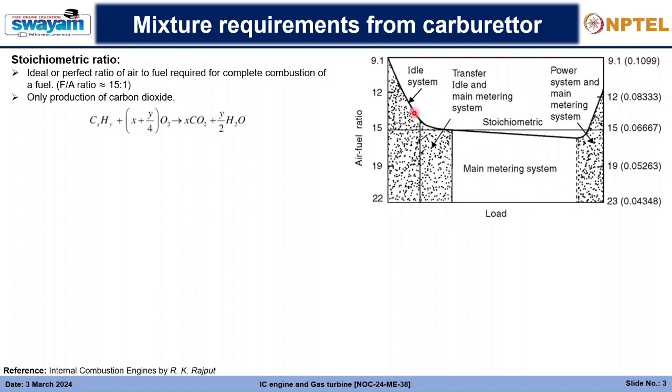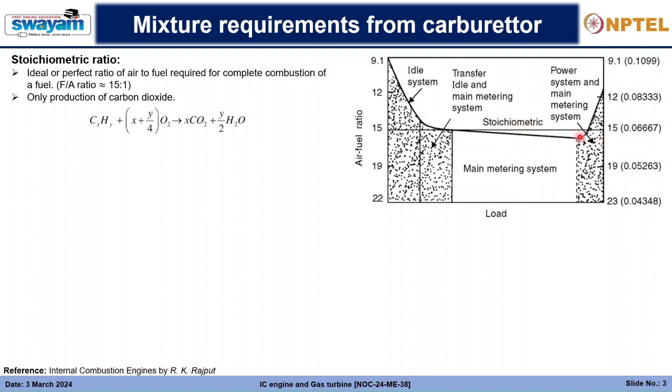There you will see that the air fuel ratio is slightly higher than the stoichiometric ratio, that is 15 is to 1. It is a little bit higher, and we need to supply more air for a particular amount of fuel in comparison to the stoichiometric ratio. We will also understand why we need to do that.